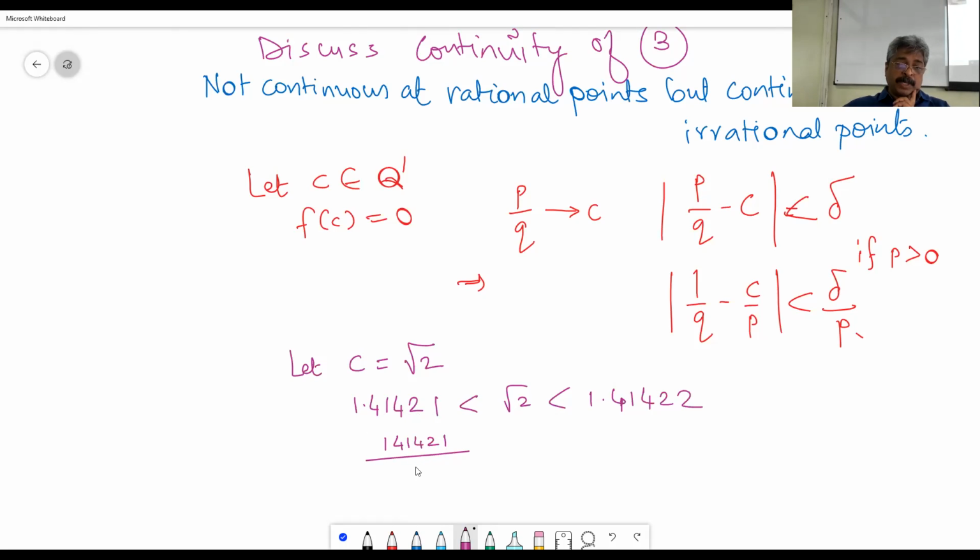1 2 3 4 paths is less than root 2 is less than 1.41422 upon 1000000. Now you will say that these are not co-primes, but it is fine.